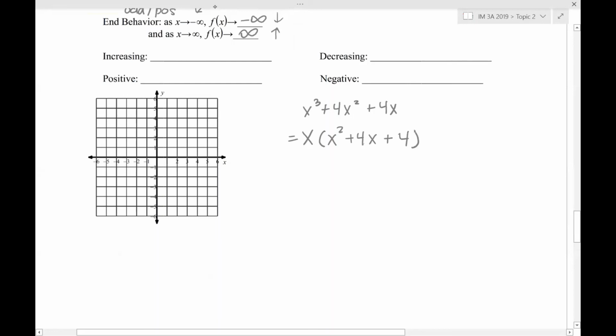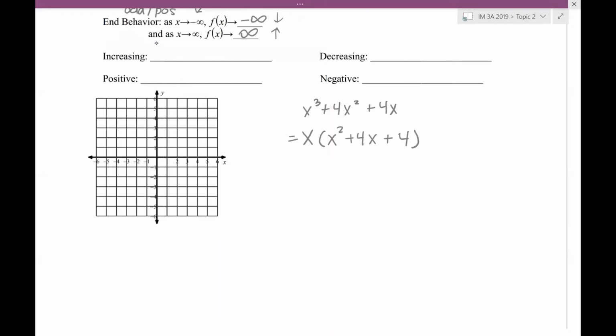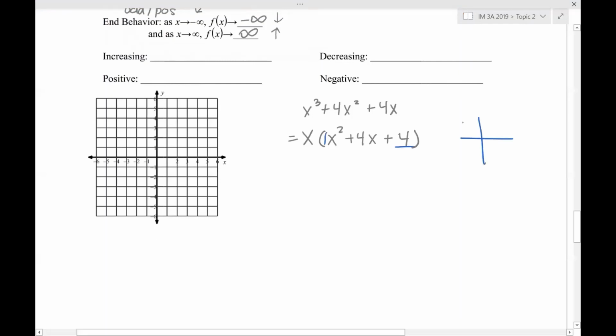So if I look at a product sum, I want to find two numbers that multiply to 1 times 4, which is 4, and add to 4. And 4 only has two sets of factors, 1 times 4 and 2 times 2.